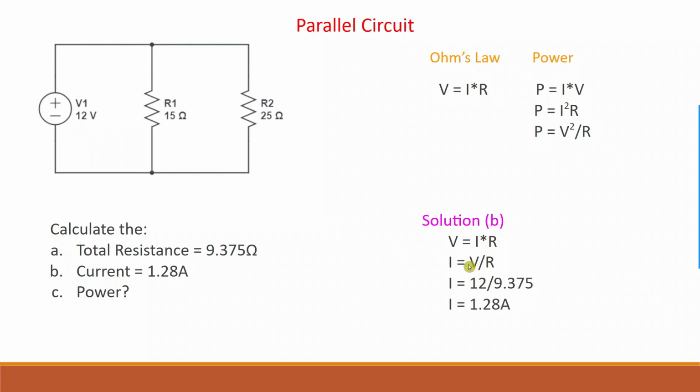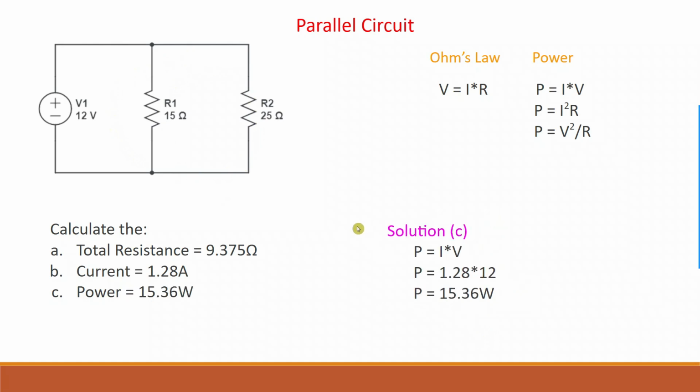We know R, 9.375. Then we can calculate the I value. So V 12 divided by R 9.375. If you divide 12 by 9.375, you will get 1.28 ampere. So in this parallel circuit, the total current is 1.28 ampere.